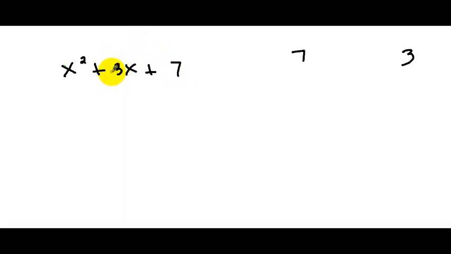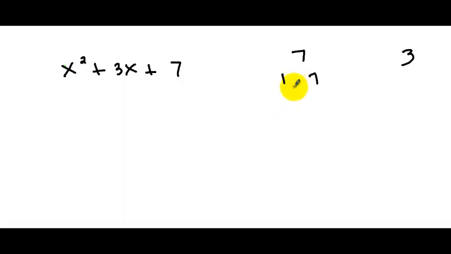Since the middle term is positive, the factors that we are going to consider for 7 will be both positive. So what are the factors of 7 that are both positive? Well, since 7 is prime, we can only have 1 and 7. Okay, we don't have any other combination. Well, you can say 7 and 1, but the same thing as 1 and 7.